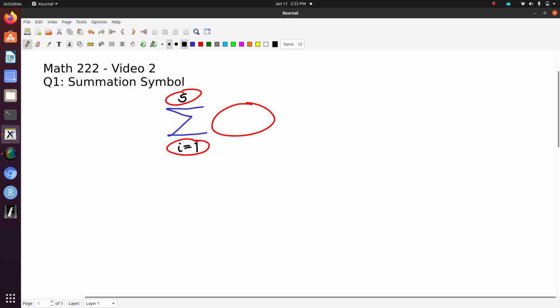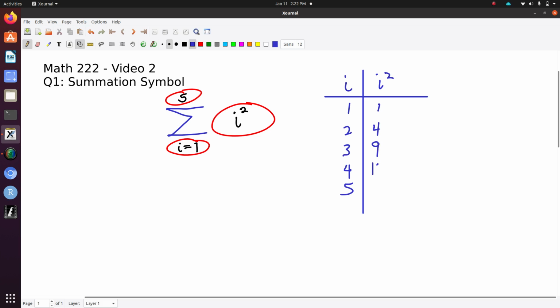And then you make an expression that has an i in it. Well, if your variable had been x, your expression should have x in it. So let's say i squared. You can think of this in terms of a table, a tabular format: i versus i squared, and the i's are 1, 2, 3, 4, 5, meaning the i squares look like so.